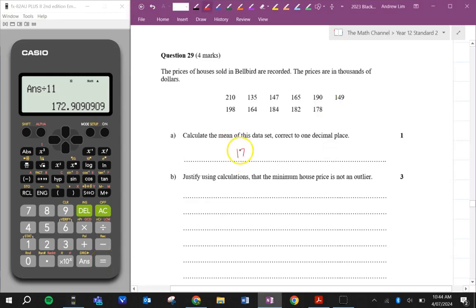So $172,909. Cheap. I wish I could get a house for that price.